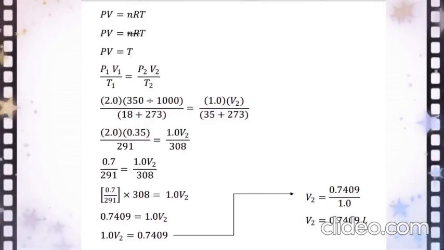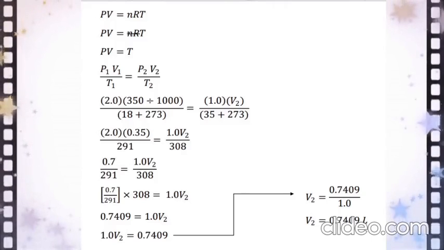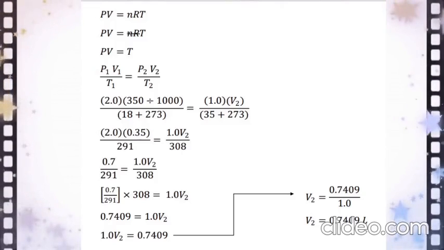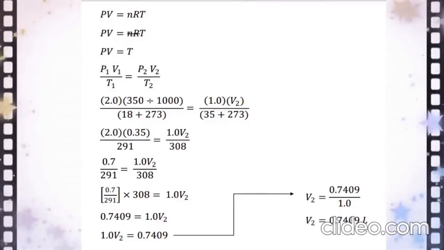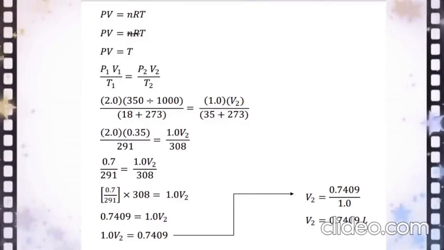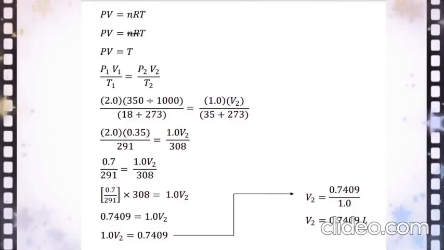And then we switch to make the calculation easier. So it becomes 1.0 V2 equals 0.7409. After that, we bring the 1.0 to the right to find the value for V2, which is V2 equals 0.7409 over 1.0.